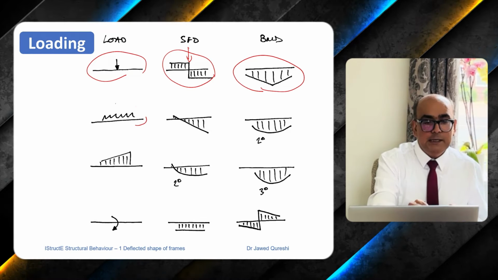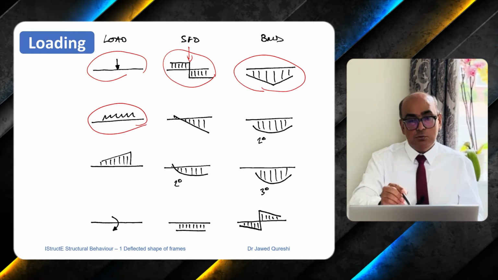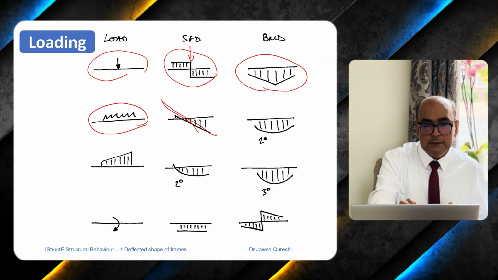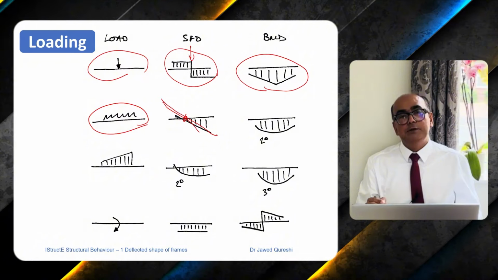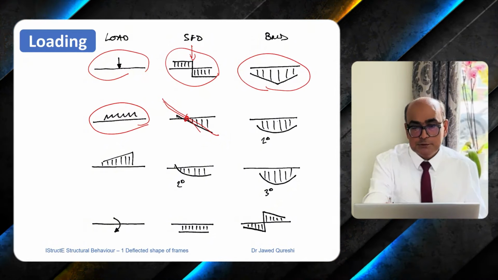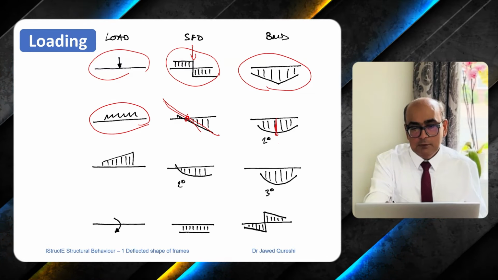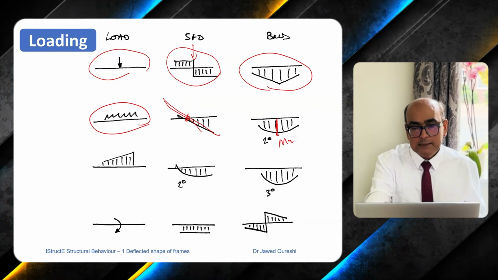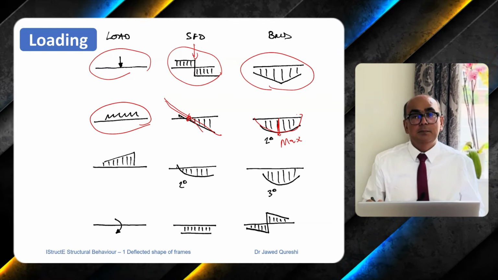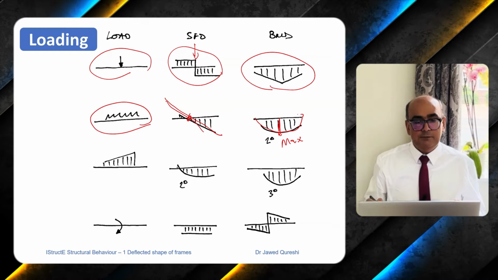If you have, on the other hand, a uniformly distributed load, then shear force diagram will cross the line and there will be a point of zero shear force. And at that point of zero shear force, we will have bending moment max. And here it will be drawn as a parabola or 2-degree curve.